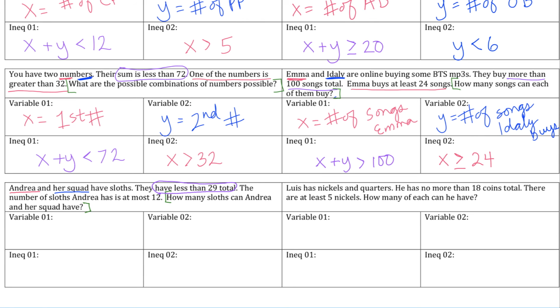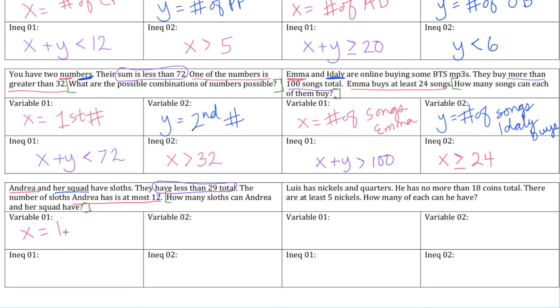Okay. So the number of sloths that Andrea has, oh, that's red again. Andrea has at most 12. Let's label our variables.